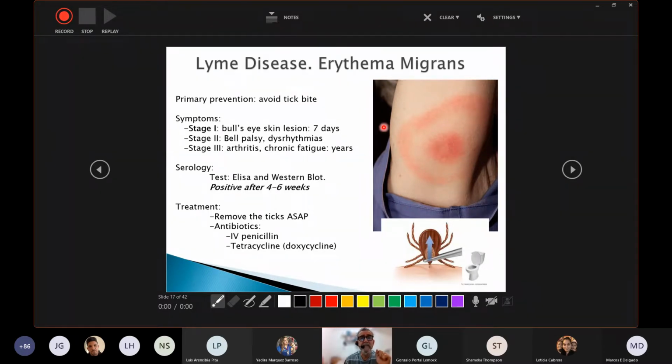That is the classical bull's eye skin lesion. Bull's eye means target, la diana in Spanish, tiro al blanco, yes? So it means bull's eye, okay?